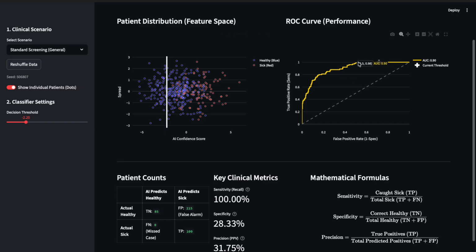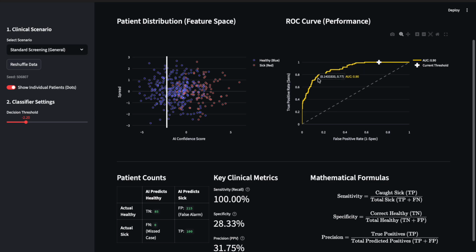Here we achieved 100% sensitivity, but our specificity is very bad. So we almost always have a false alarm, like 60%, 70% of our results are false, but we detected all of them. This is what we can see in the ROC curve.